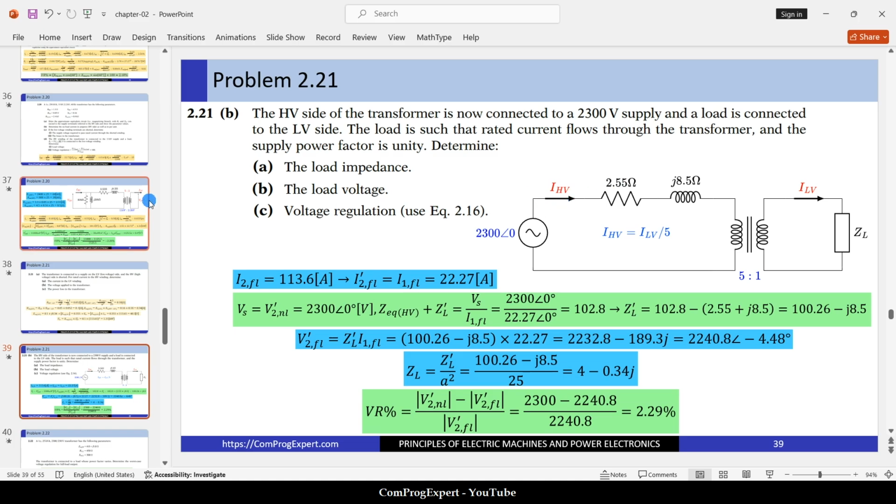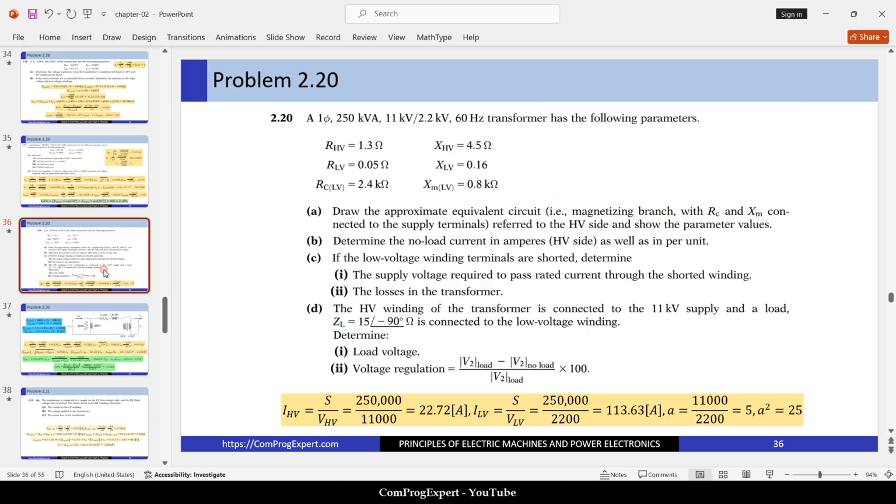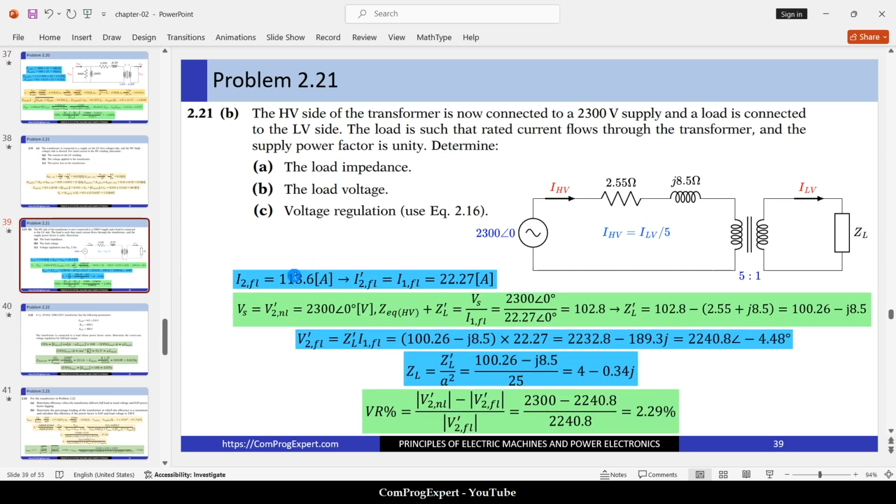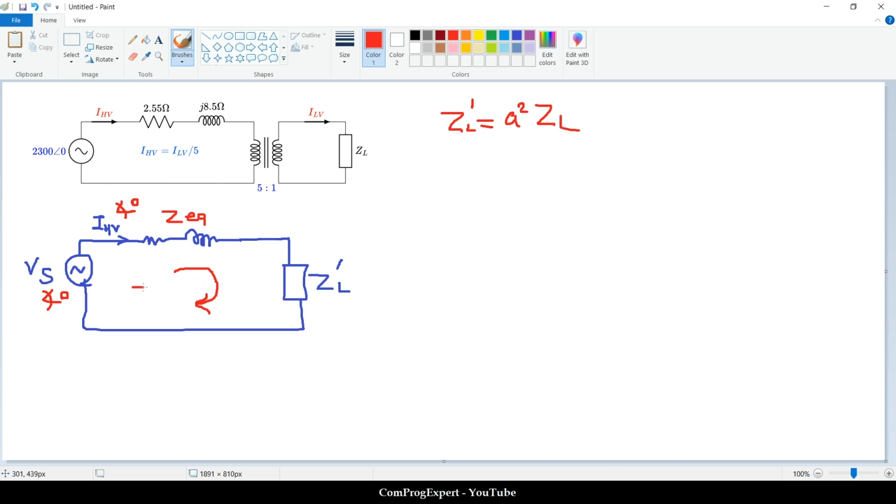The rated current in the high voltage winding is 22.72. So this is the I2 prime full load, or I1 full load. This is I1 for the full load condition, the rated condition.